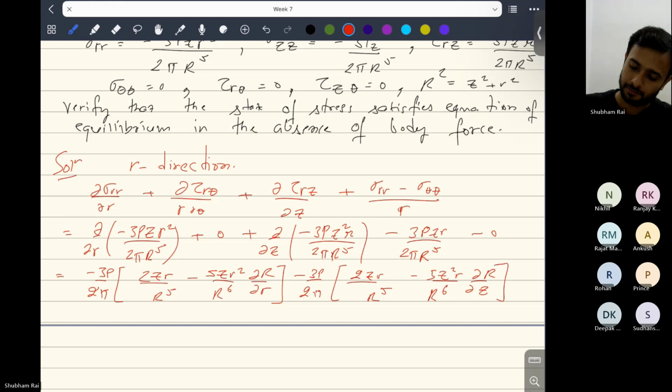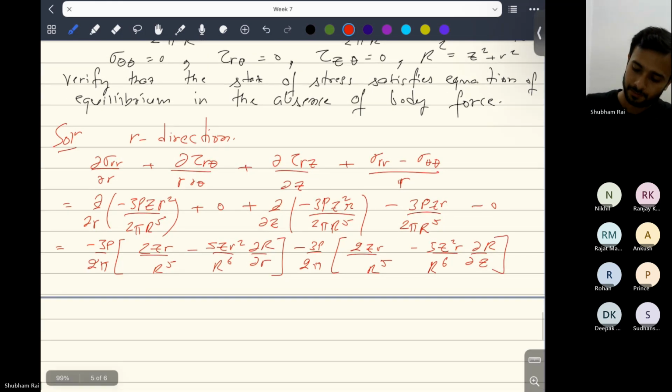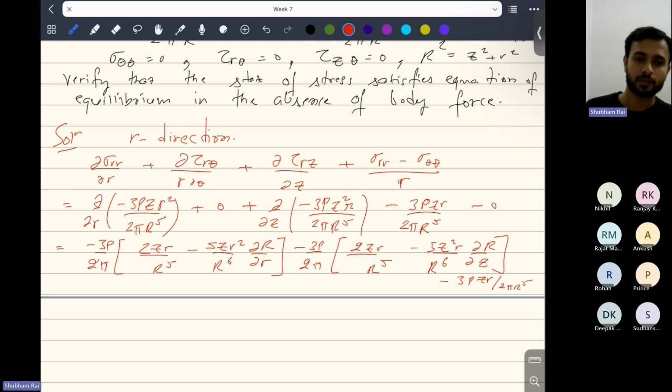Okay. And then finally you have the last term, minus 3p capital Z small r divided by 2 pi capital R to the power 5. So let me simplify.